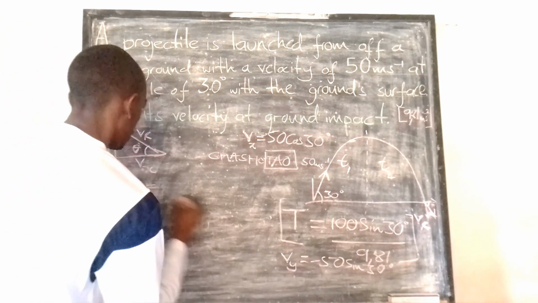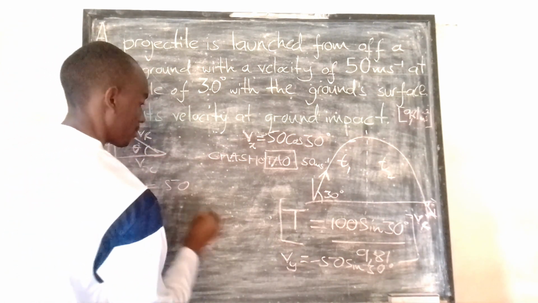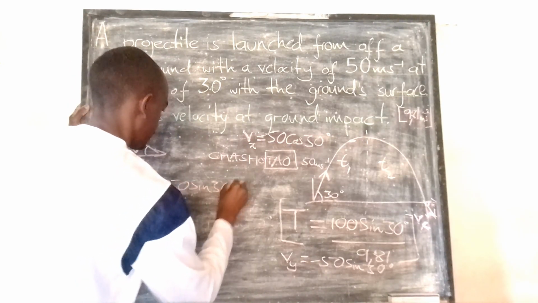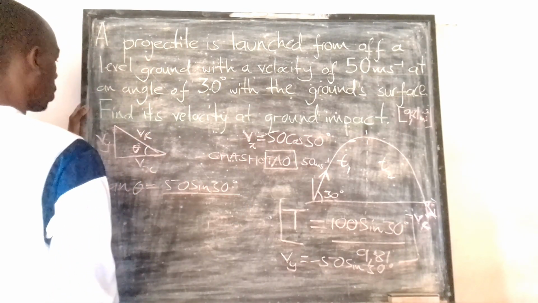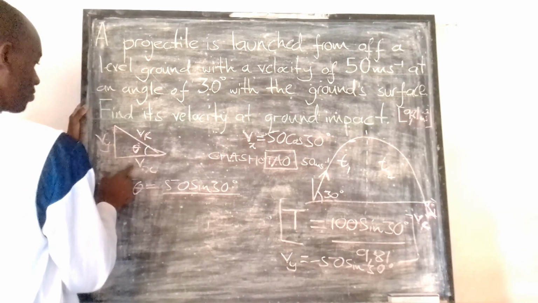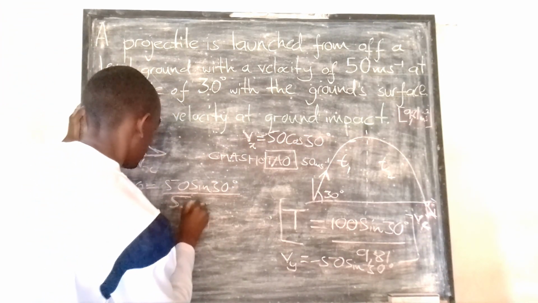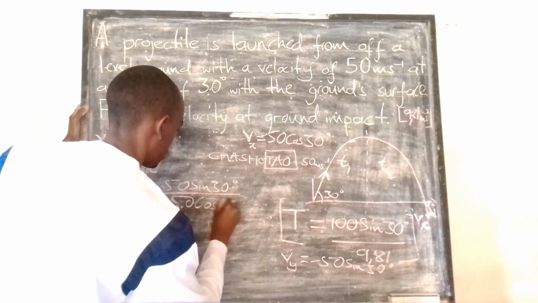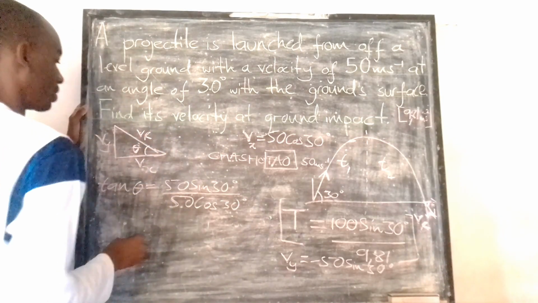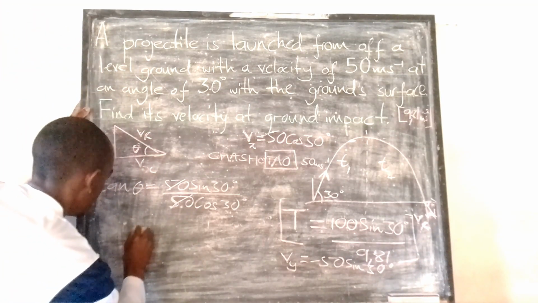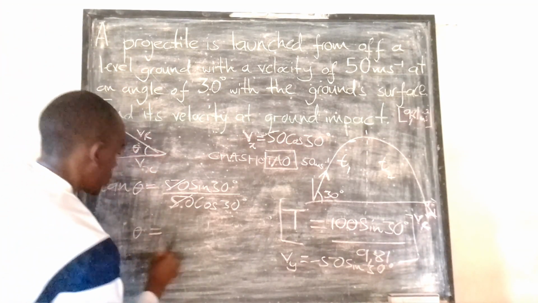So we've got 50 sine 30 degrees all over what? Vx. What is Vx? 50 cos 30 degrees. And if we cancel these out, we find that theta is equal to what?